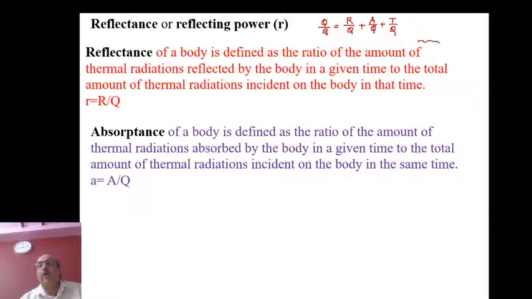The body is reflecting the radiation Q, and it is the ratio of the amount of thermal radiation reflected, R, which is reflected by the body in a given time, to the total amount of thermal radiation, that is Q, and it is represented by small r, and this small r is called reflectance of the body or reflecting power of the body.